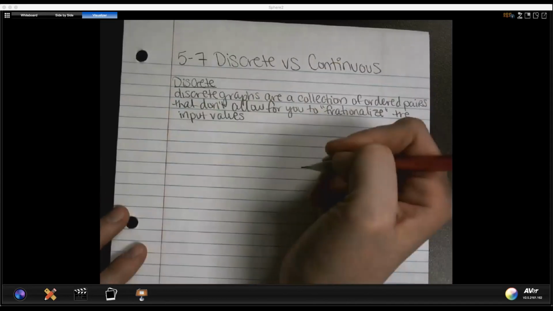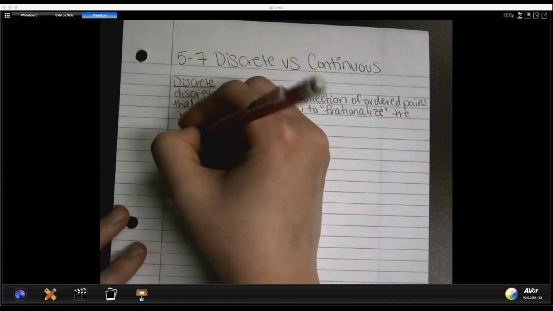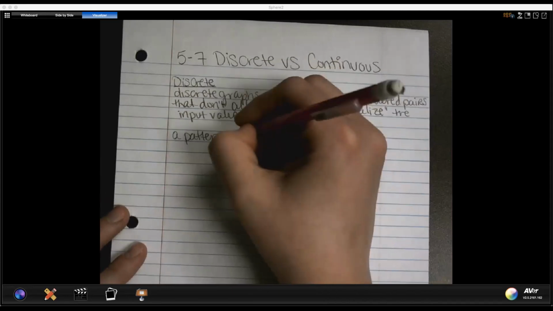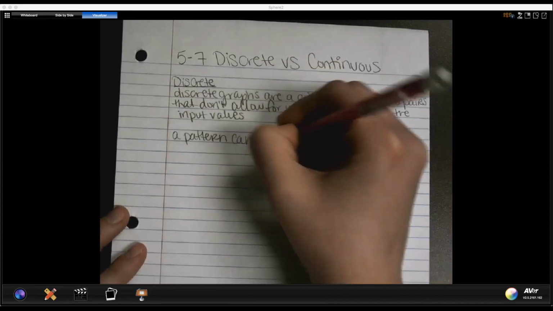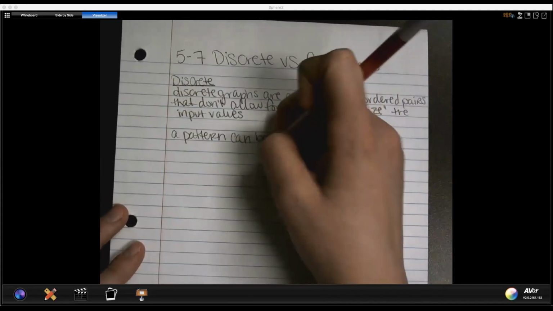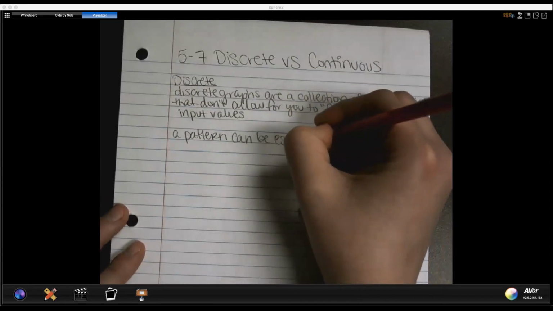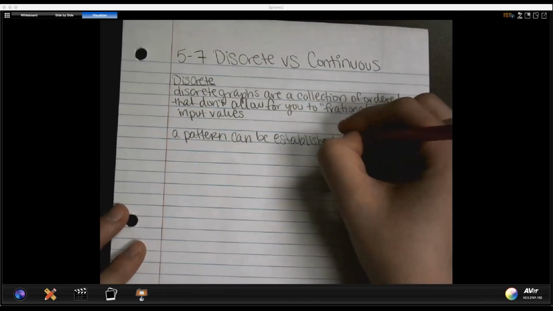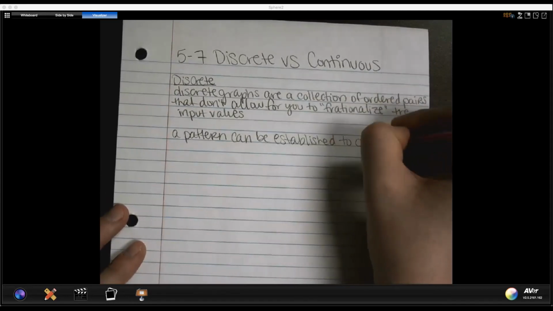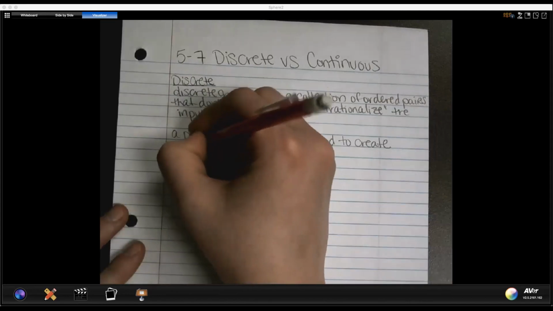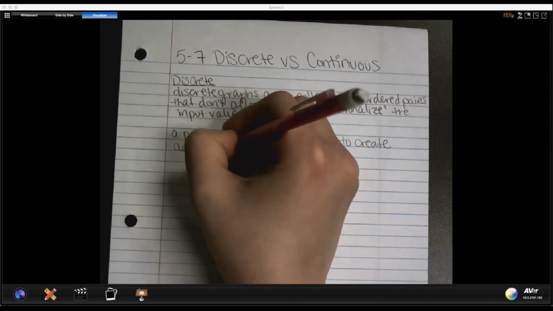With discrete graphs, a pattern can be established to create additional points.